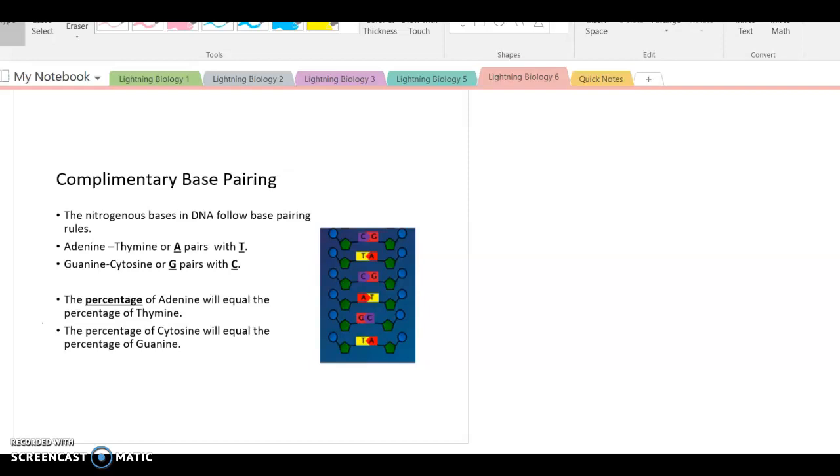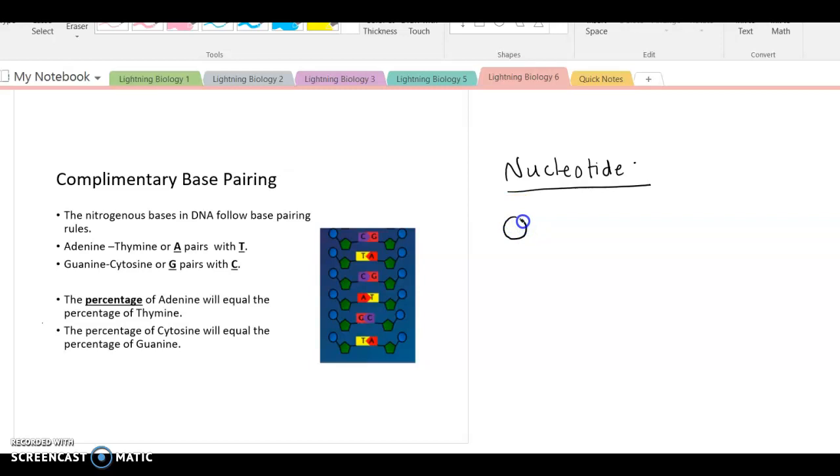If you recall, DNA is made up of small units called monomers, and those monomers of DNA are nucleotides. A nucleotide is made up of three things.